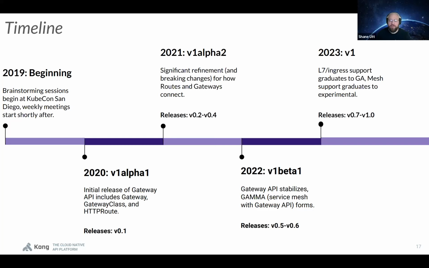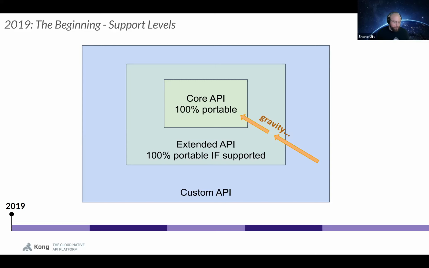And at that same time, we knew that one of the biggest problems was portability. So we came up with this concept of support levels. In ingress, you would end up with every implementation doing annotations that were entirely unique to themselves and not portable at all.